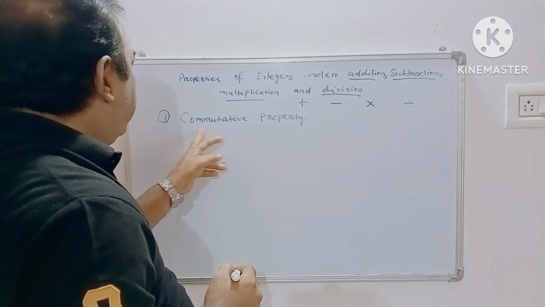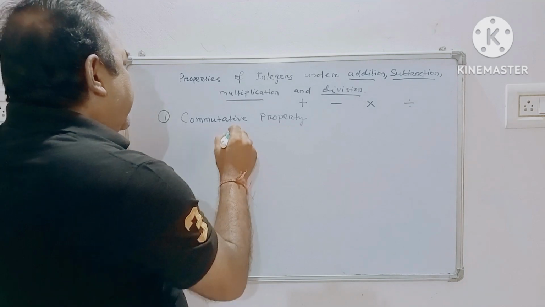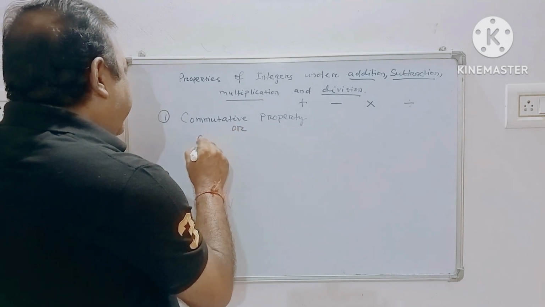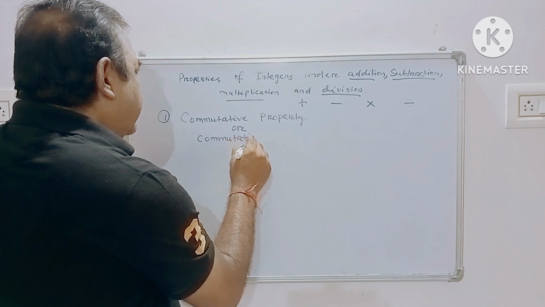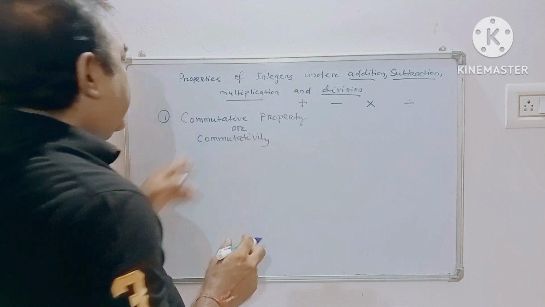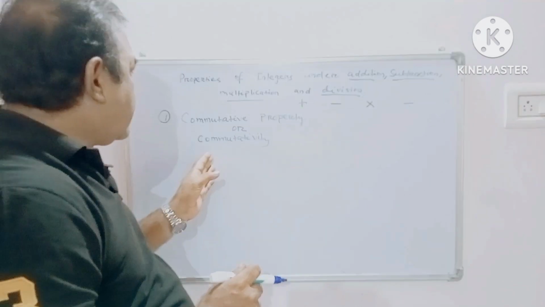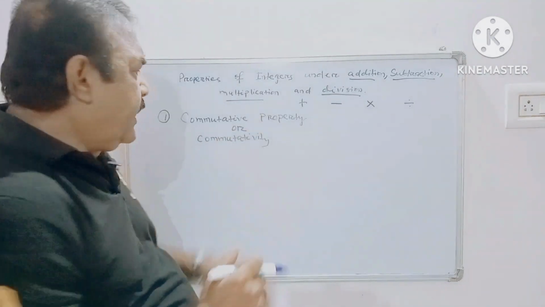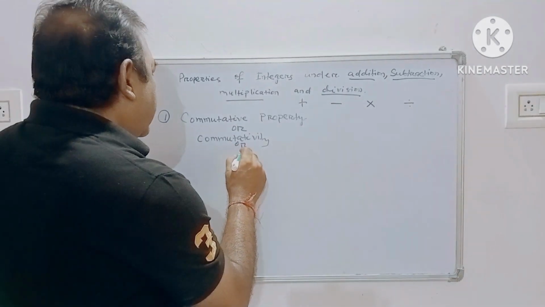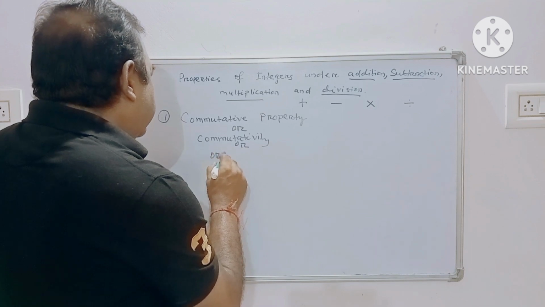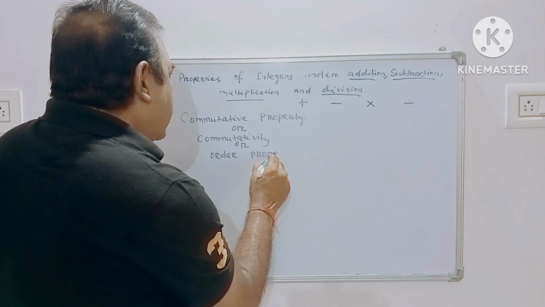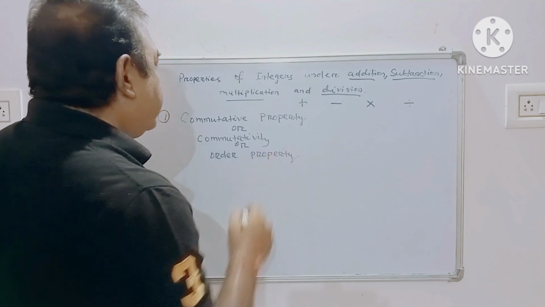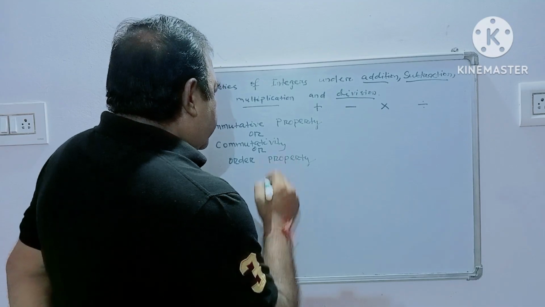And this commutative property, you may tell commutativity, single word. What is commutative property? That is also called commutativity or order property. Suppose we will take two integers.